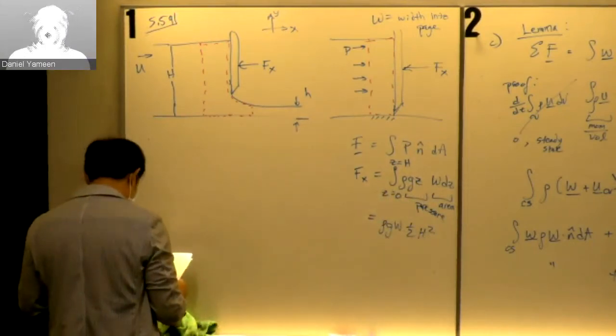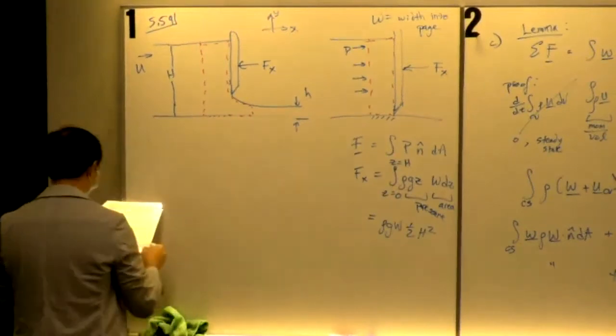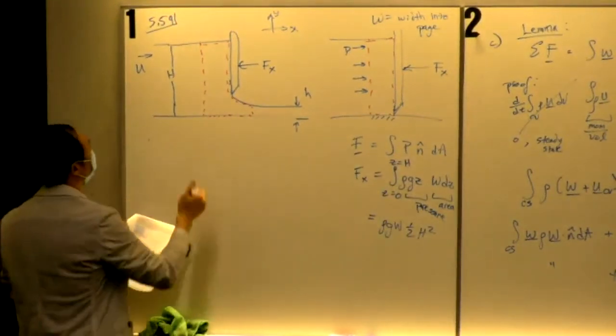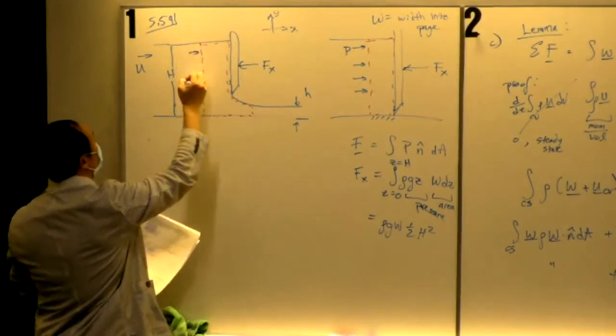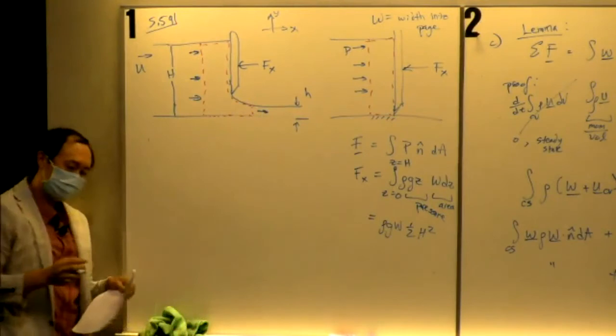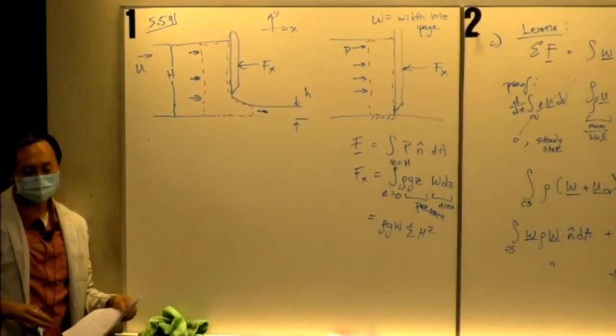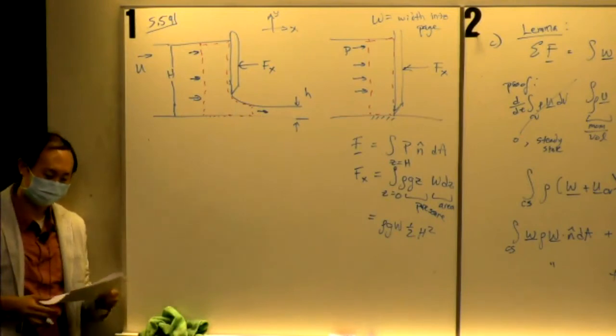All right, now we got to do this part. There are 2 issues: the fact that you got fluid coming in here, and then you got fluid exiting. They're going to have different heights, and they're going to have different velocities because of conservation of mass.